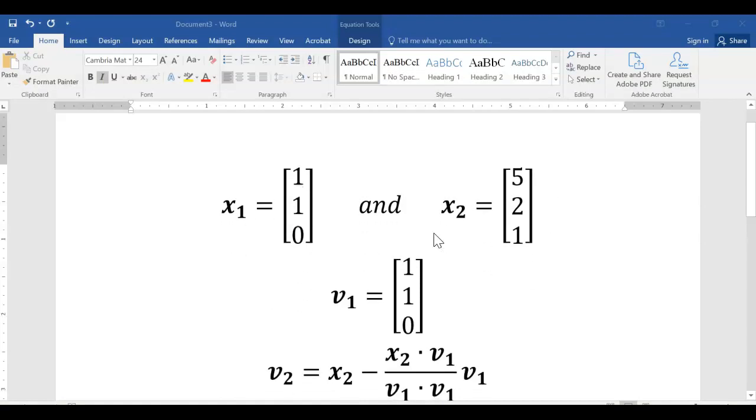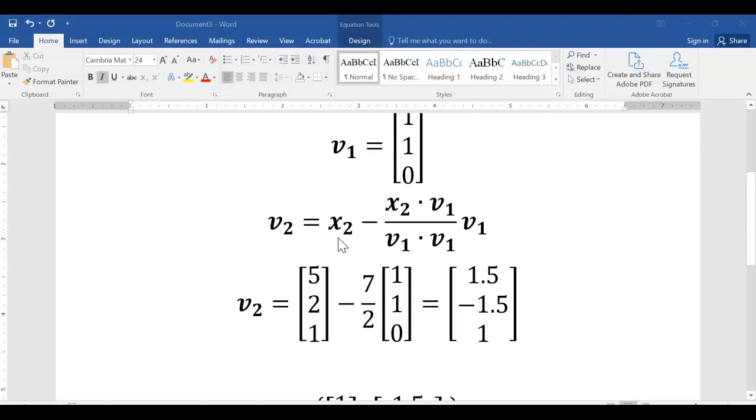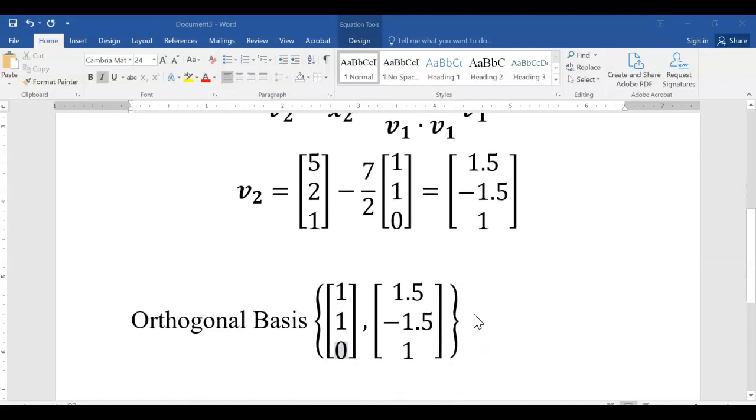We did V1 equal to x1, so V1 was 1, 1, 0. V2 was x2 minus the projection of x2 onto V1. We ended up with V2 being 1.5, negative 1.5, 1. And we said, well, that's our orthogonal basis when I had 2 basis elements.